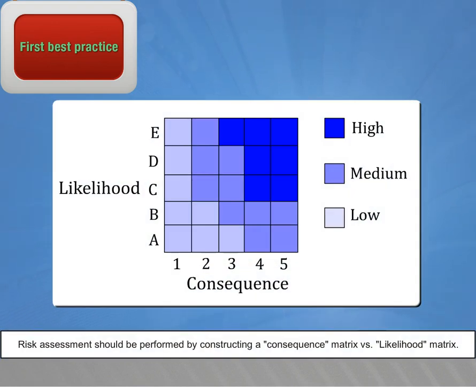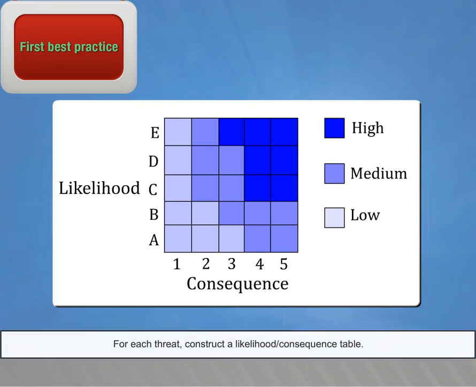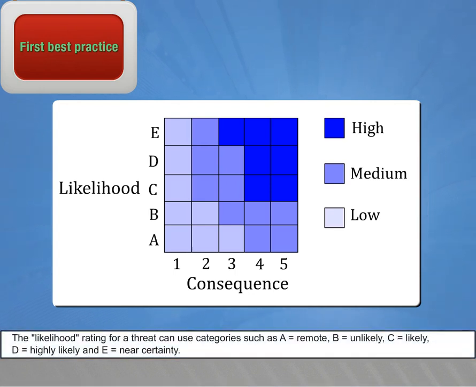Risk assessment should be performed by constructing a consequence matrix versus likelihood matrix as shown in the figure. For each threat, construct a likelihood or consequence table. The likelihood rating for a threat can use categories such as A is equal to remote, B is equal to unlikely, C is equal to likely, D is equal to highly likely, and E is equal to near certainty.